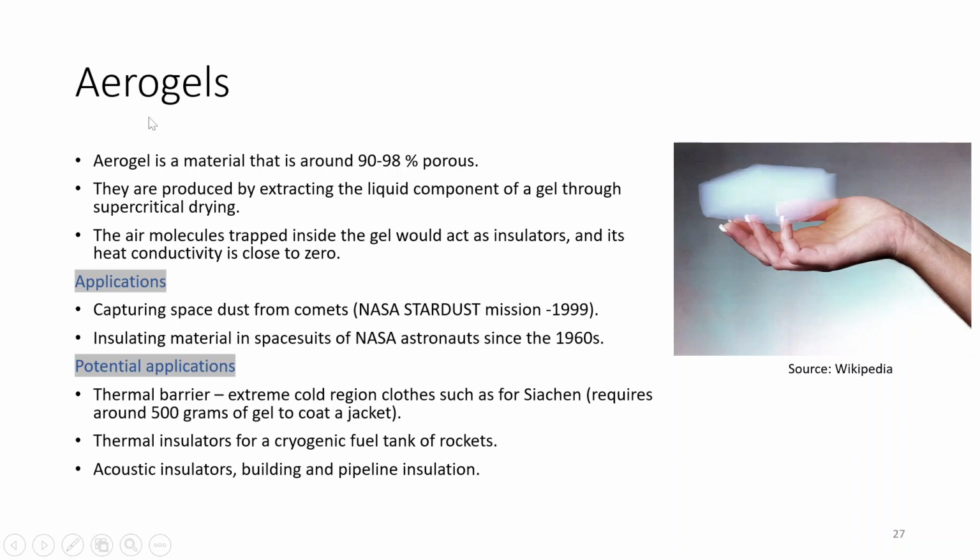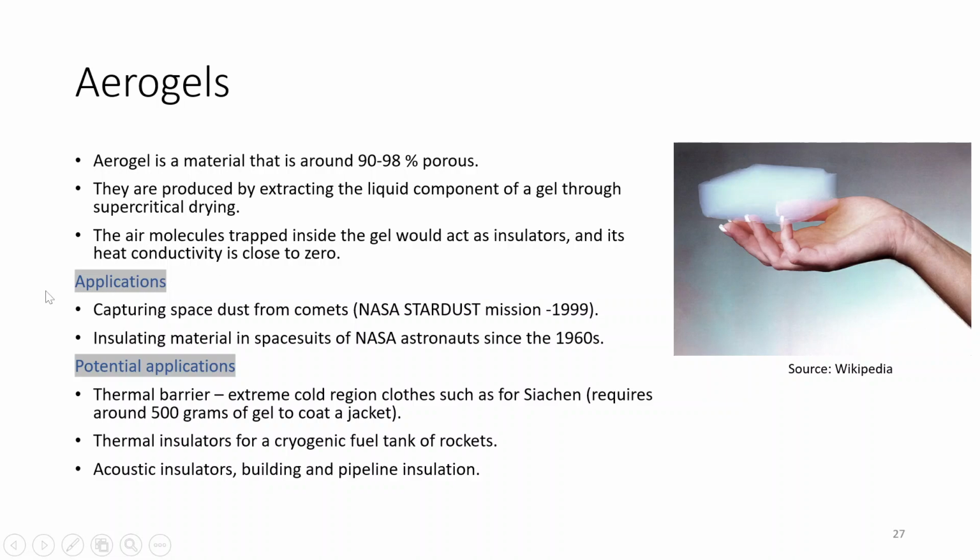Then in case of aerogels, these are materials which have around 90 to 98% porosity, and they are produced by extracting the liquid component of a gel through supercritical drying. The air molecules trapped inside the gel act as insulators, and its heat conductivity is close to 0.